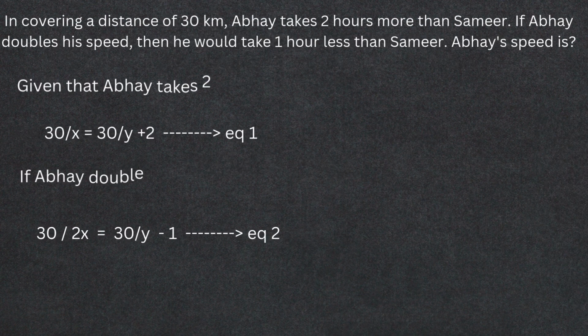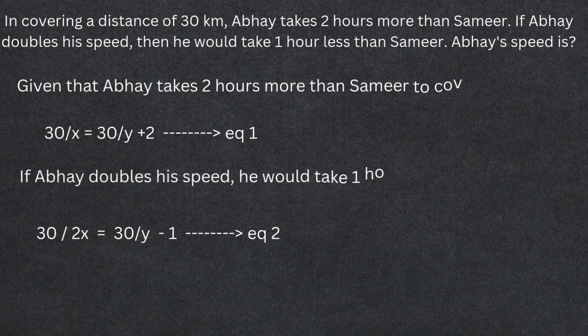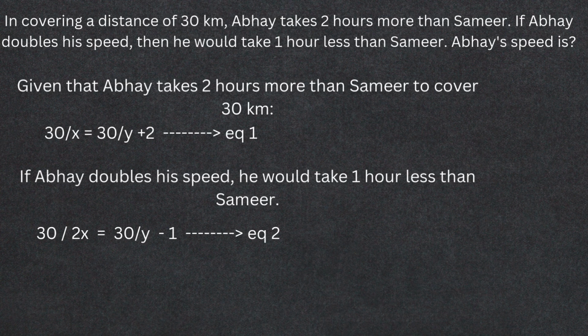Okay, let's define the variables first. x can be Abhi's speed and y can be Samir's speed. From the information given, first condition: Abhi takes 2 hours more than Samir to cover 30 km.